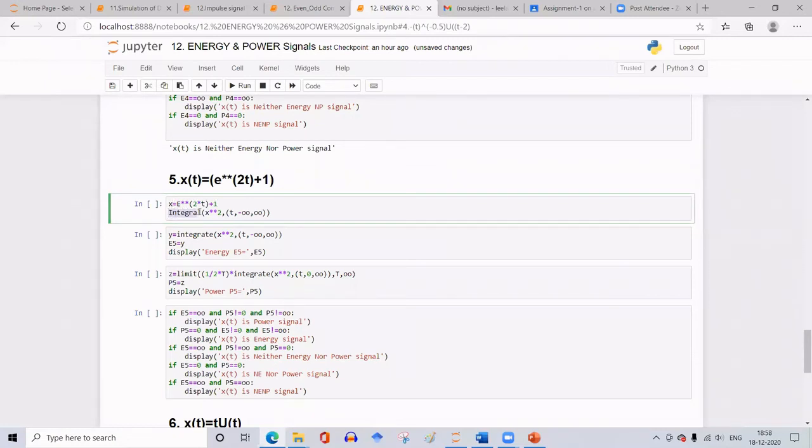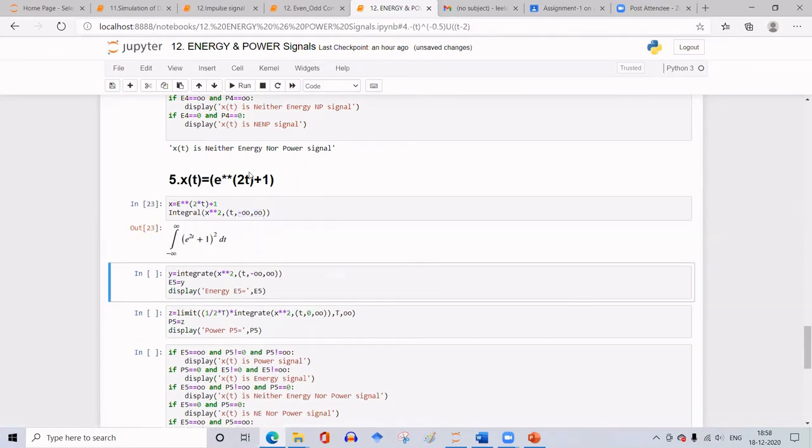Then take the integral of x whole squared with respect to t, with limits from minus infinity to plus infinity. Since we don't know from where to where this signal exists, it is not given, we have to integrate it between minus infinity to plus infinity. So that is the integral from minus infinity to plus infinity of e to the power of 2t plus 1.